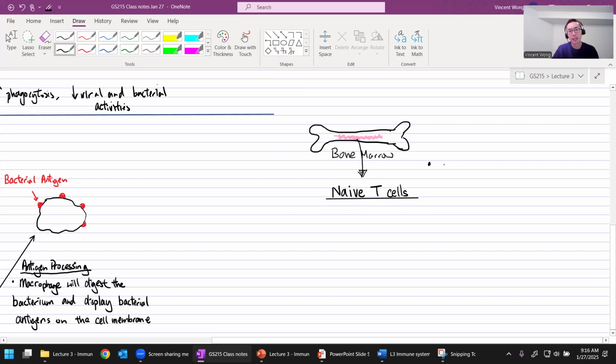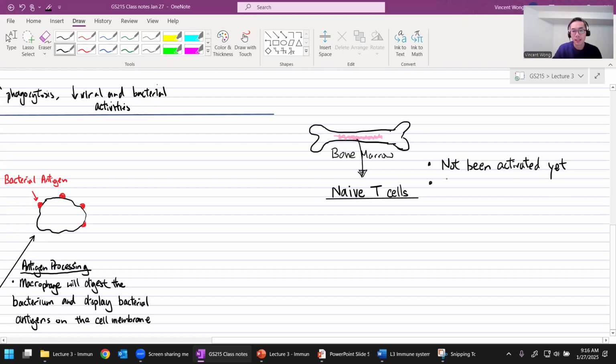You can think of them as T cells, naive T cells. They have not been activated yet. That's right. Those are the rookies, the newbies.